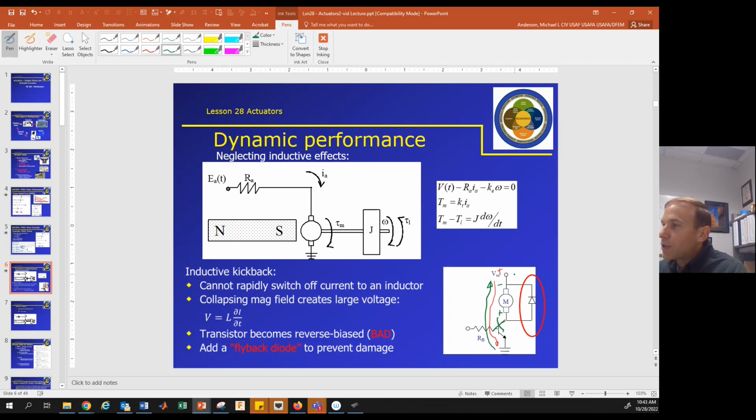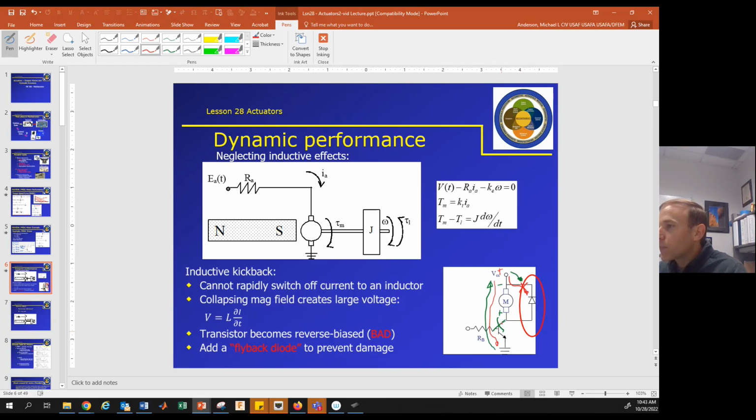So engineers get around this by putting this diode right here. We call it a flyback diode. So when the motor is operating in the correct way, so when current is flowing in the positive direction, it can't go through this route because the diode would prevent it from going that way. It's a one-way valve.